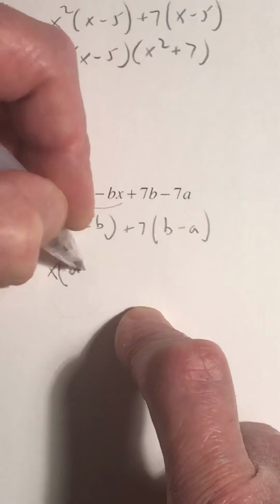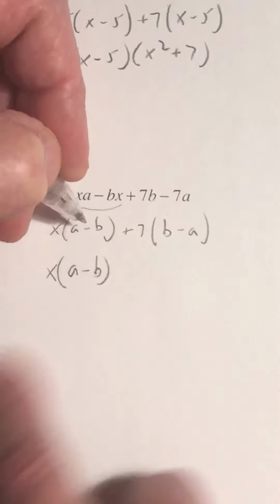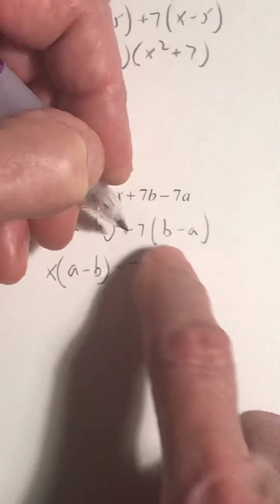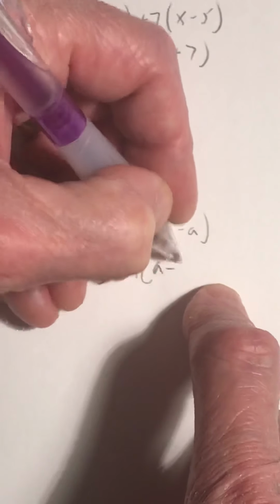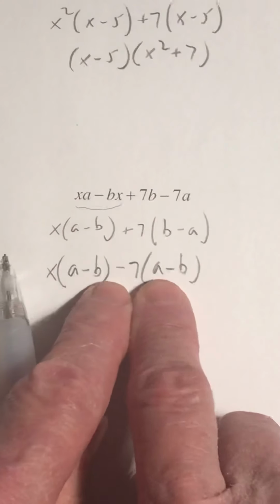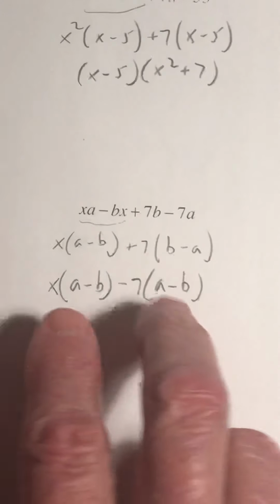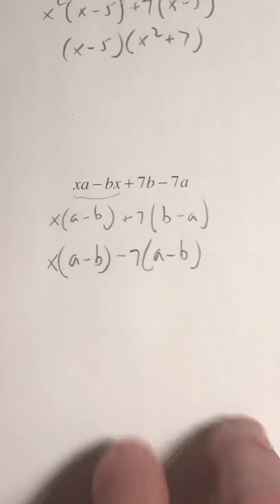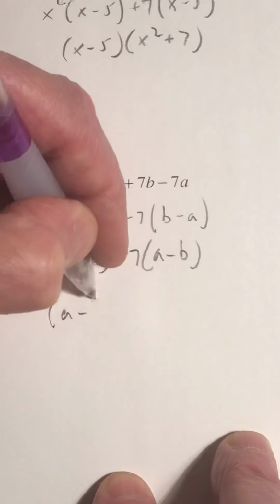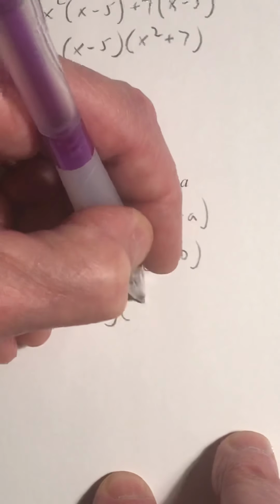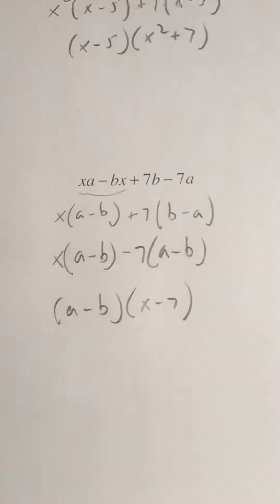Just copying the front end of it. This plus 7 becomes minus 7, and a b minus a becomes a minus b. We've invisibly multiplied by negative 1 twice in here. Why? To make these match up. Now I can write a minus b times x minus 7.